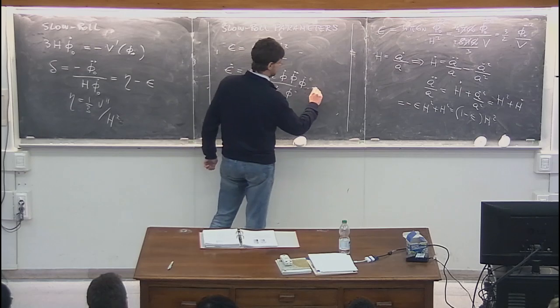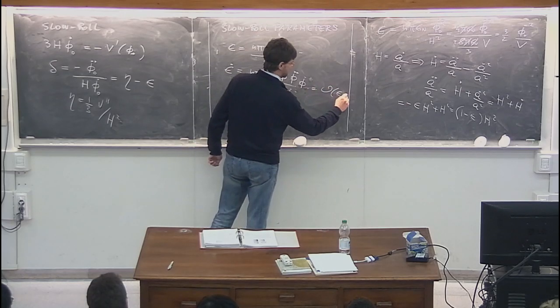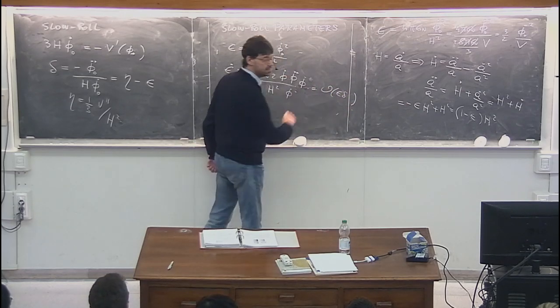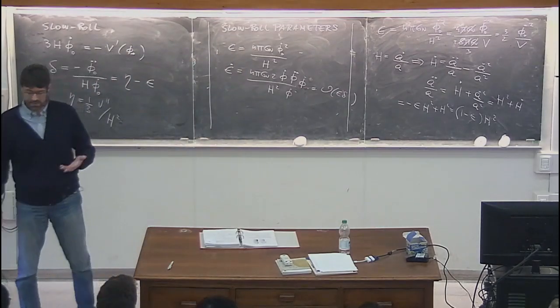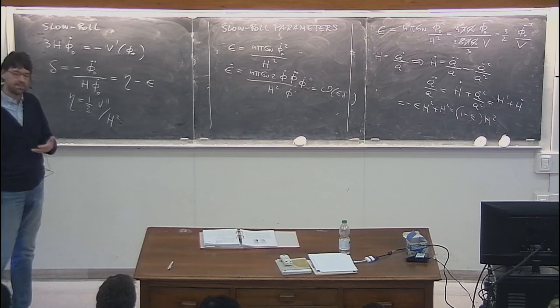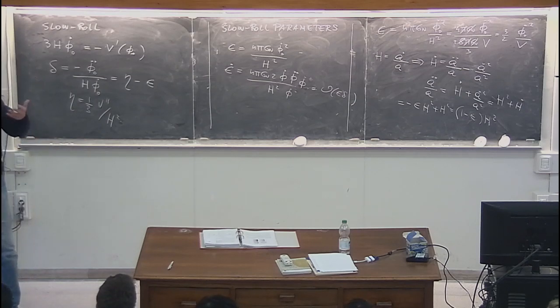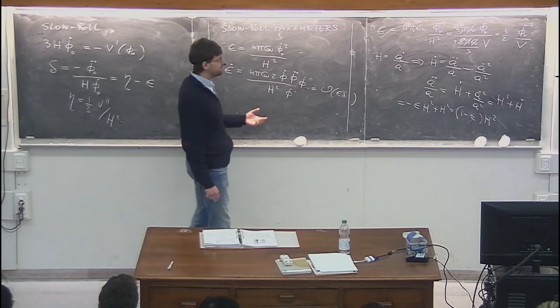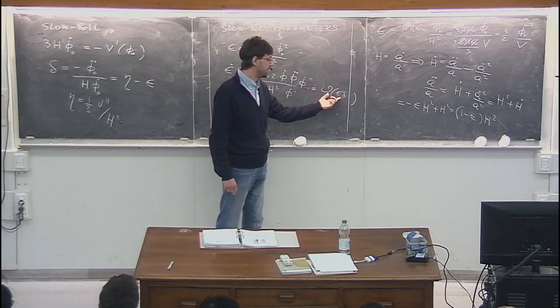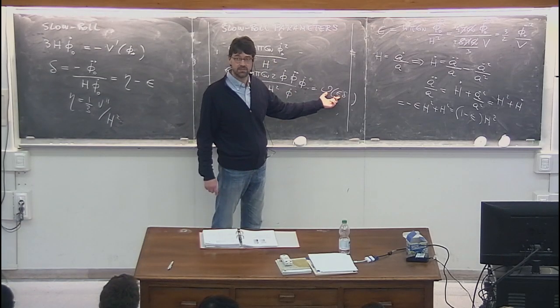So you see, this is of order epsilon times delta. So it's second order in these slow roll parameters. The time derivative of a slow roll parameter is in fact the product of two of them, so we say it's second order in these slow roll parameters. And since these slow roll parameters are small, you can, in first approximation, neglect the time dependence of them.